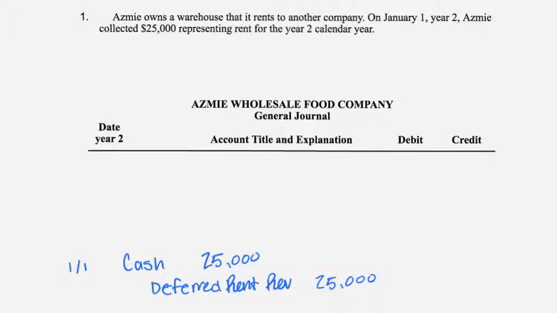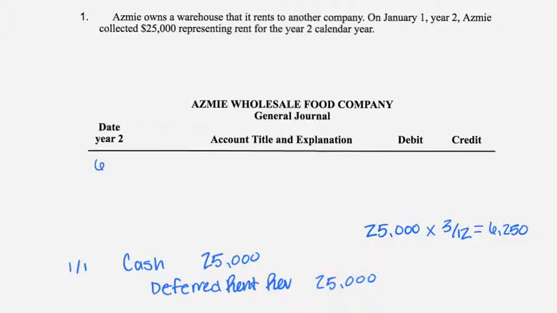So again, all we have to do for this quarter, June 30th, we just take the $25,000 and multiply it by a quarter of a year so we know what to recognize for this quarter ending June 30th. So if we multiply that out, that will give us $6,250.